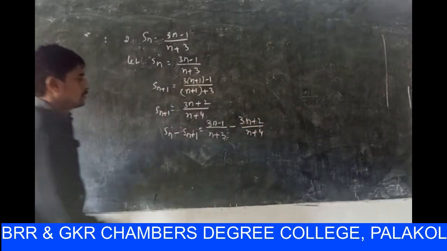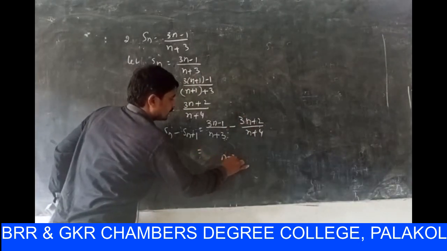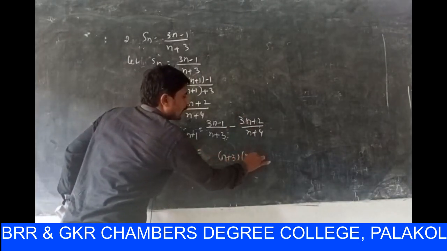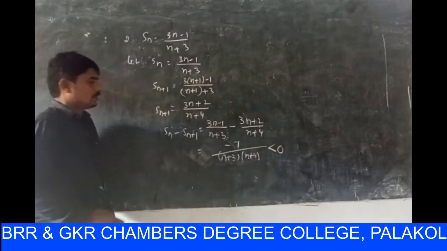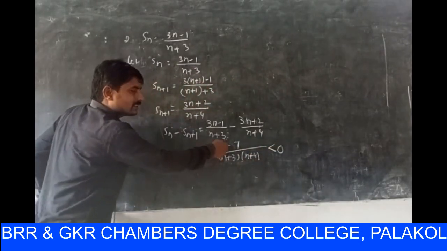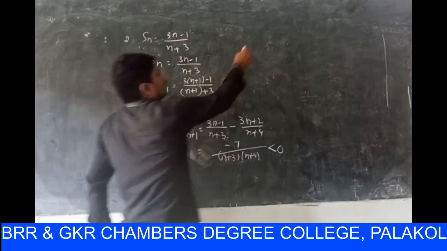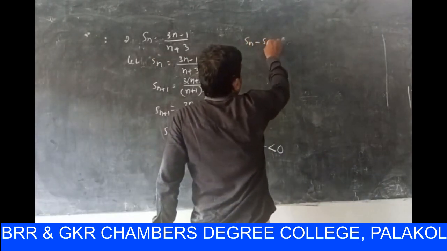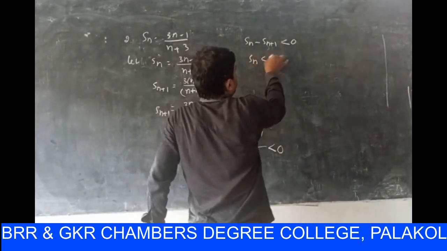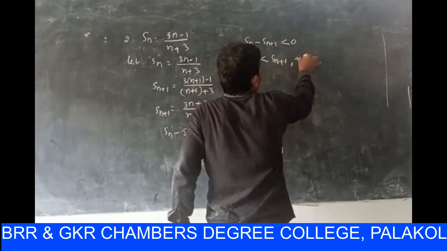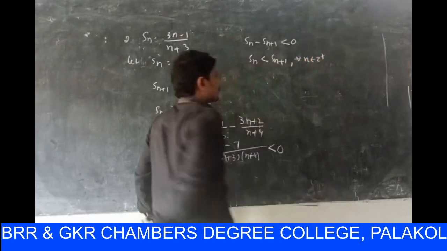By taking the LCM (n plus 3)(n plus 4) and simplifying, the overall value is minus 7 over that, which is less than 0. Whenever there is a negative sign, it is less than 0. So Sn minus Sn plus 1 is less than 0, that means Sn is less than Sn plus 1 for all n belongs to Z plus.